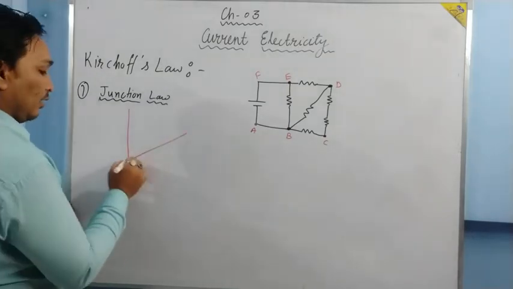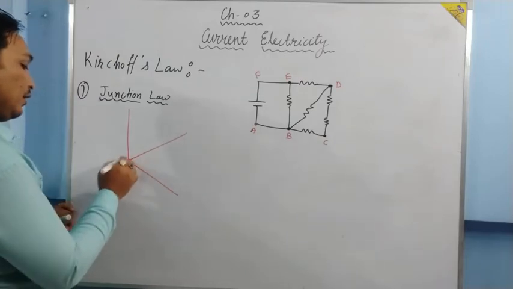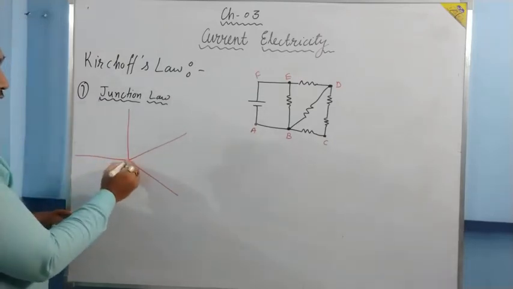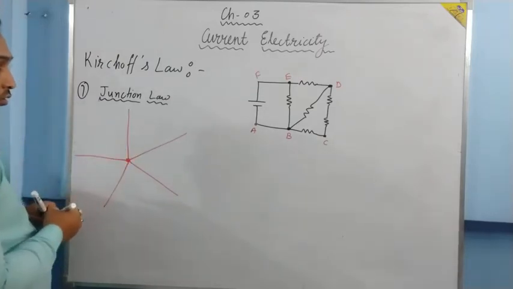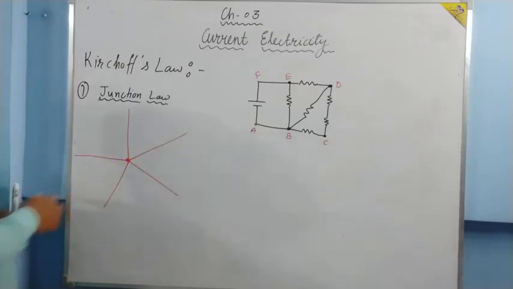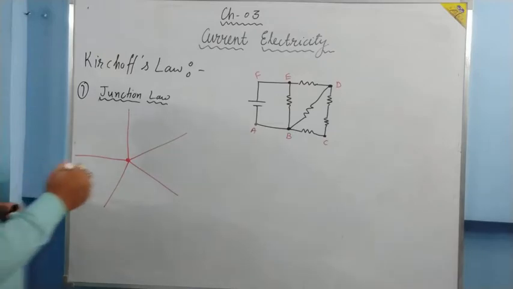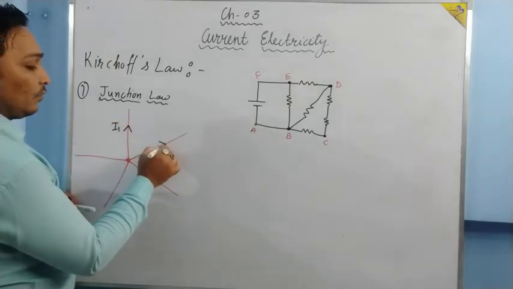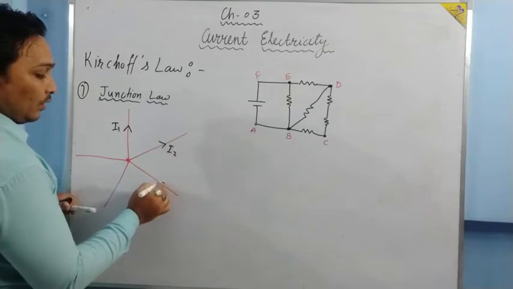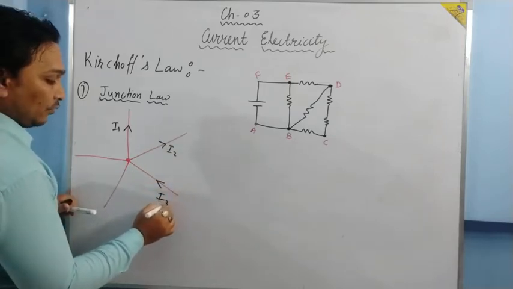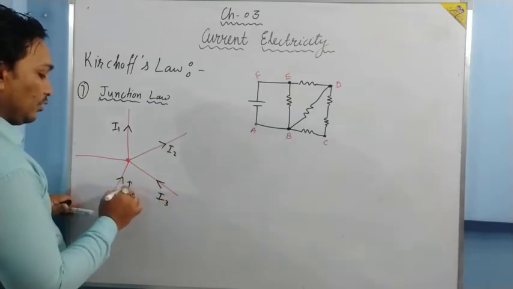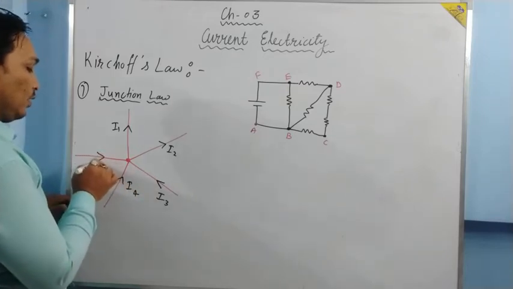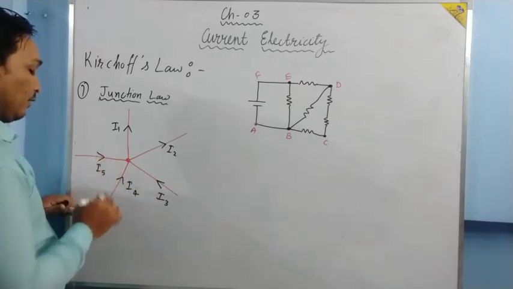Let me make a diagram so that we can understand. Suppose it is a junction. From the junction, if you want to move along the wire, we have 5 different paths. Suppose from this wire a current I1 is going out, and I2. In this wire the current I3 is towards the junction, I4 towards the junction, I5 towards the junction.